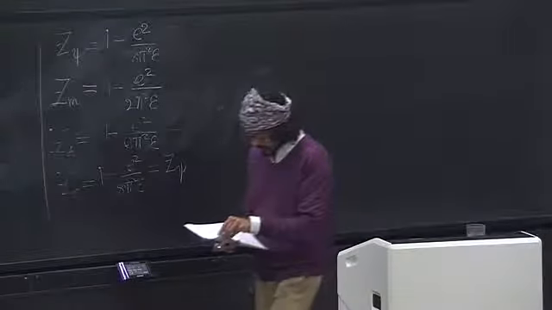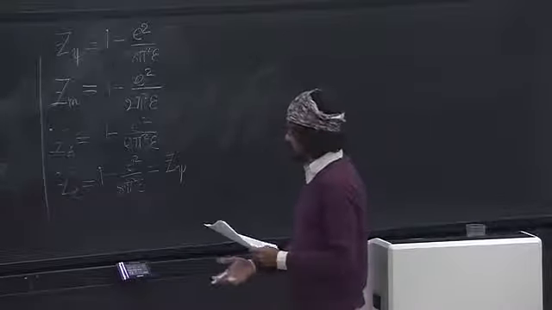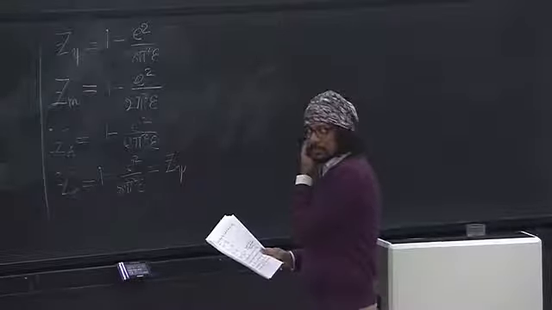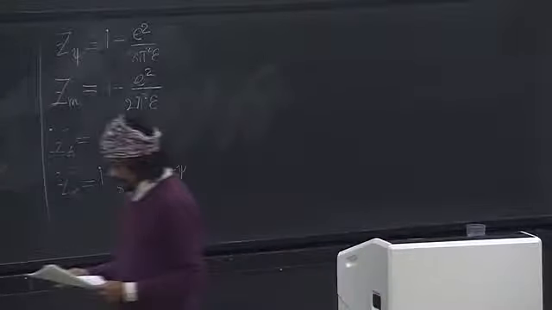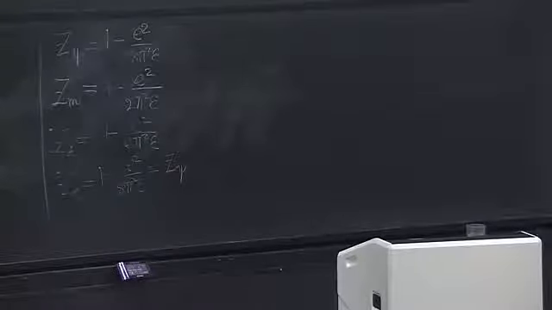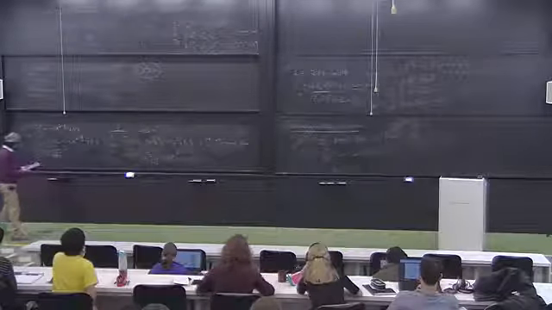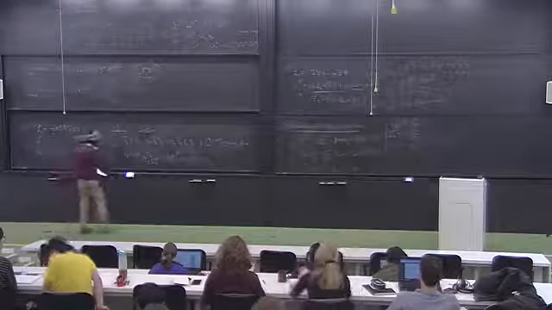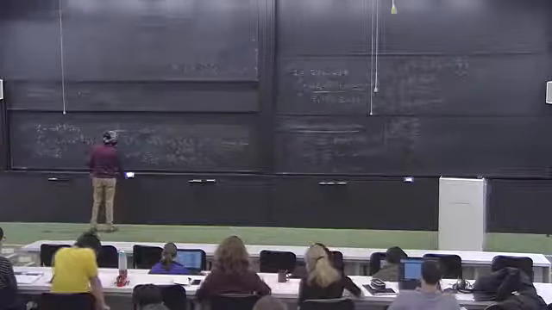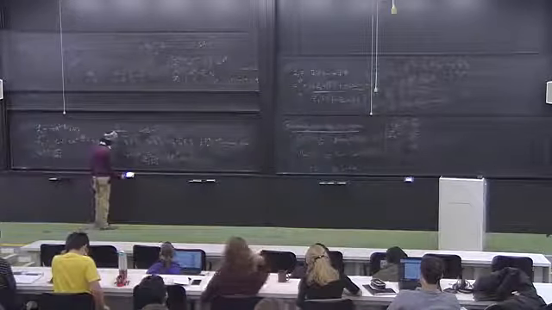Now the final part of today's lecture, I'm just going to talk about how the dependence on energy scale enters. So the procedure of renormalization involves introducing an arbitrary mass scale or momentum scale mu.